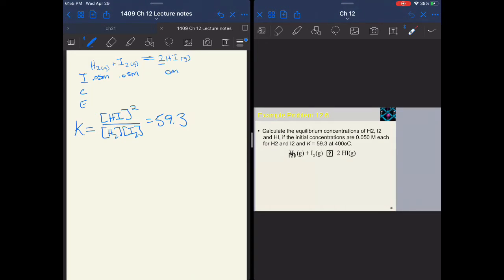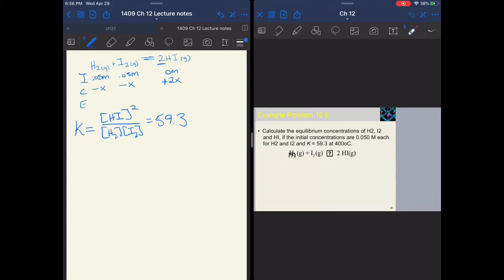So we do have a balanced stoichiometry here that we can play with. So we know that if we lose X moles of H2, it's 1-to-1 with I2, so we're going to lose the same amount of I2. And it's 2-to-1 with HI, so however much we lose of H2 or I2, we're going to gain twice that amount of HI. Okay, so we know our change.